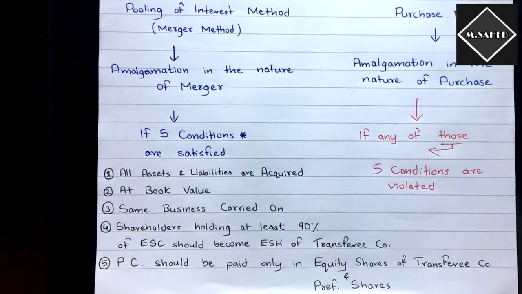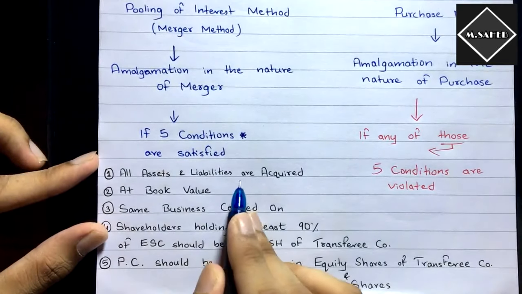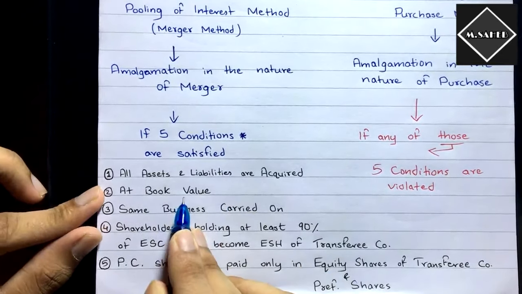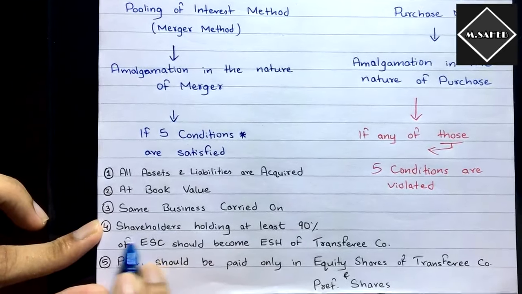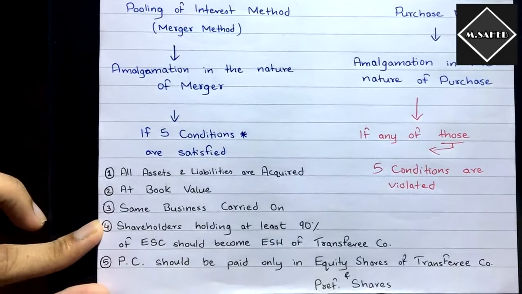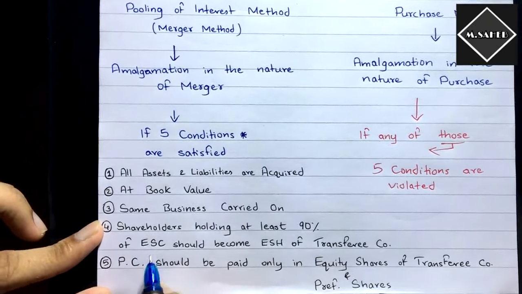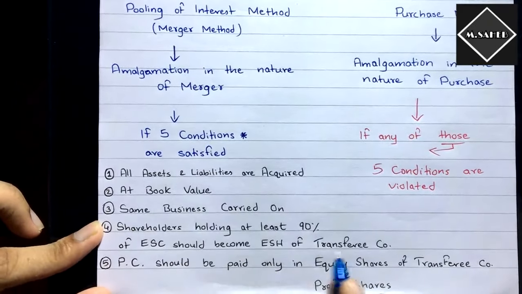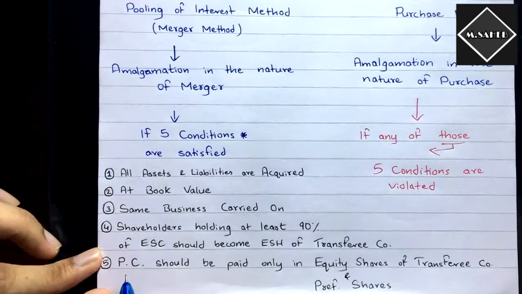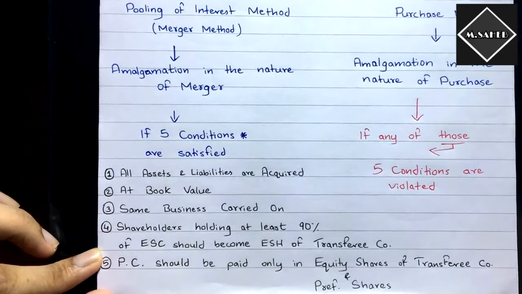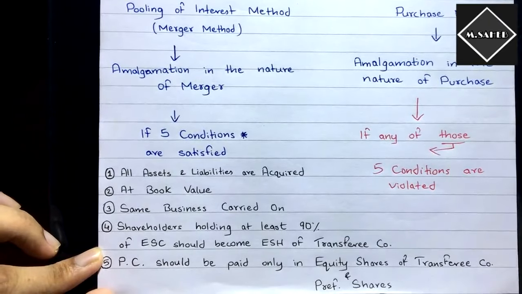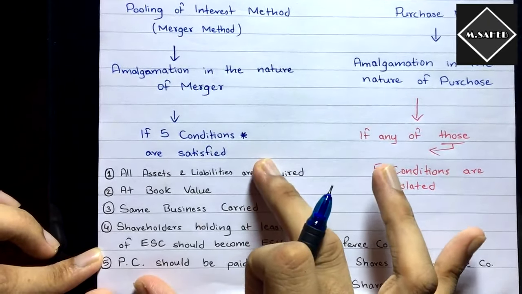Simple conditions are there. All assets and liabilities should be taken over at book value only. The same business should be carried on. The shareholders who have at least 90% of equity share capital should become equity shareholders of the transferee company, and purchase consideration should be paid only in equity shares to equity shareholders and preference shares to preference shareholders. So these are the 5 conditions that have to be satisfied.